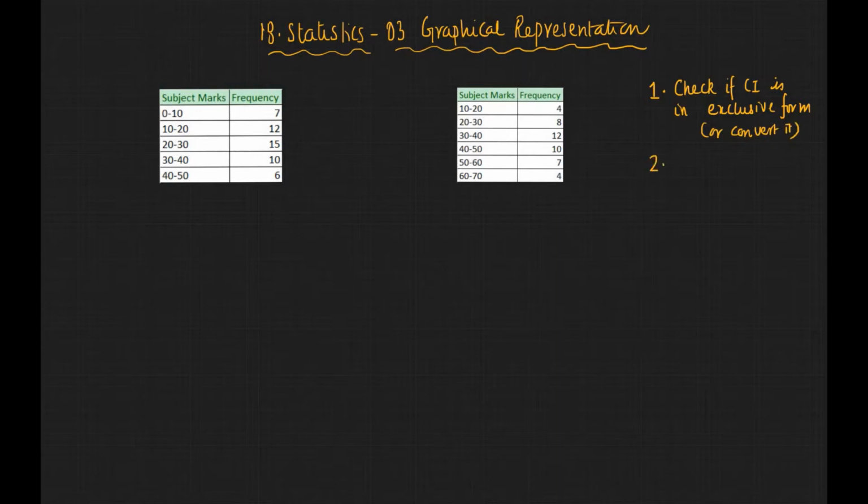The second step is we find the scale for x and y. Y is your frequency and x is your class interval. And then the third step is to draw. We will illustrate each of these steps in these two examples here.